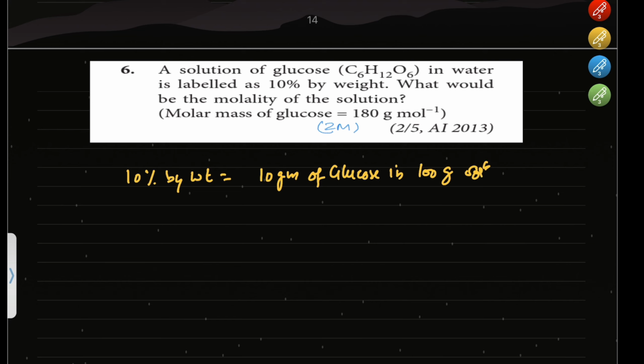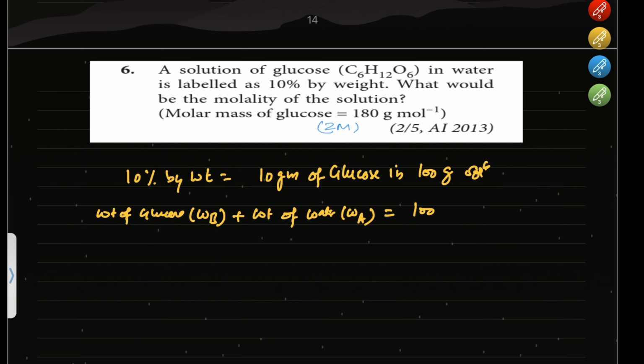Here weight of glucose is represented by WB, plus weight of water as a solvent is represented by WA.